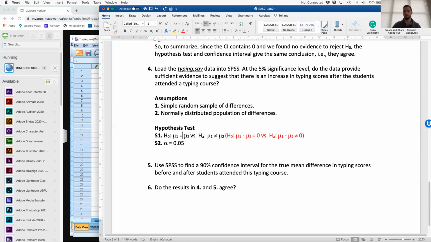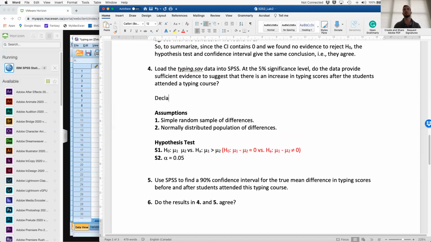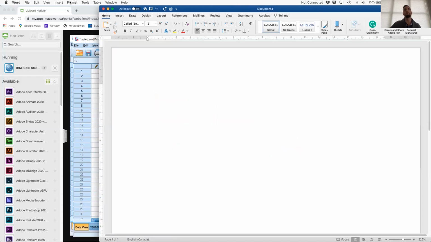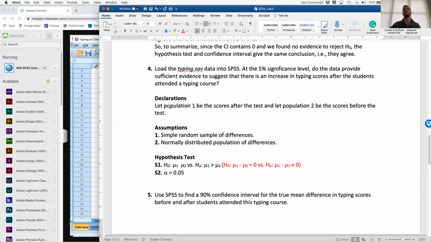Okay, and then in this case, our null and alternative hypotheses, we can write these as mu1 greater than mu2. So we should write, for clarity above here, declarations. Let population 1 be the scores after the test, and let population 2 be the scores before the test.